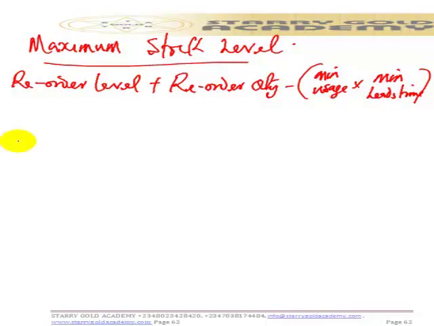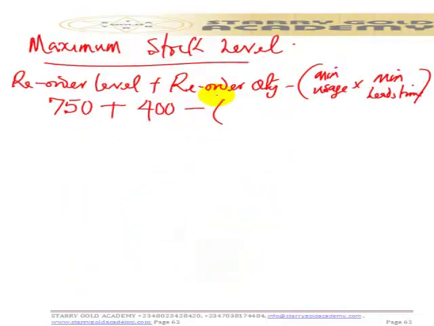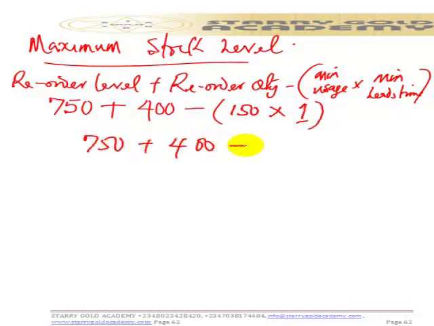So what we have now is our reorder level is 750 plus the reorder quantity is 400 minus minimum usage from the question 150, and the minimum lead time is 1 week. So I have 750 plus 400 minus 150. So this 600 plus this 1000.